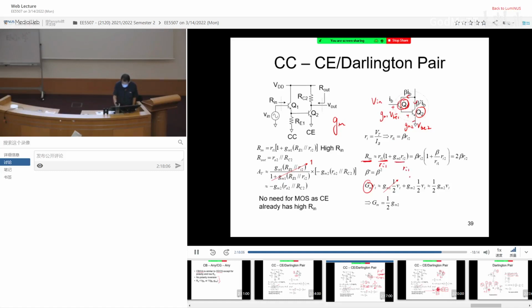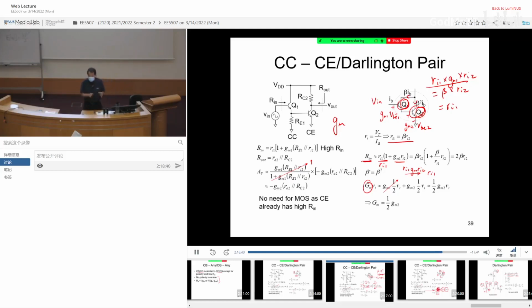This is Ri1 Gm1 Ri2. Ri1 multiplied by Gm1 multiplied by Ri2 is given by beta multiplied by Ri2.